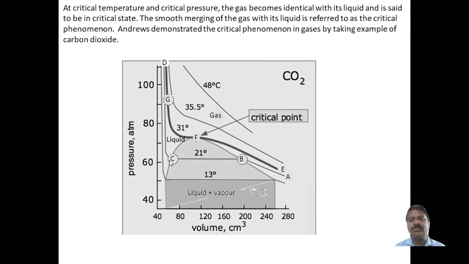Further, after C, even when pressure is applied, the liquid cannot be compressed and the volume cannot decrease. So the CD curve is parallel to the y-axis, indicating that the liquid is not compressible.